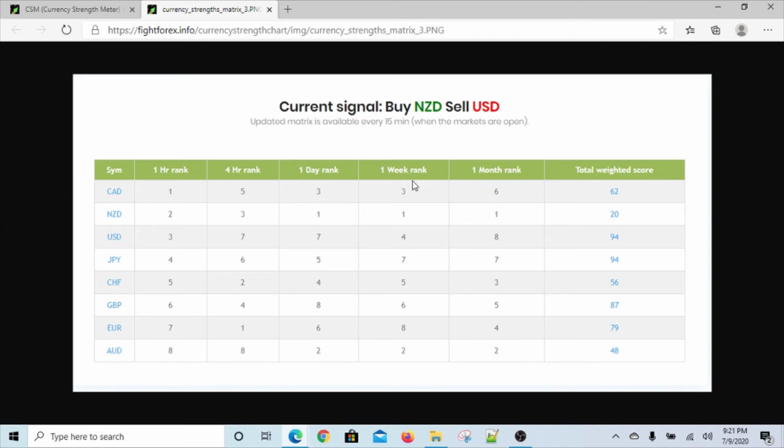It's just a matrix of the ranks of individual currencies based on their strengths, right? It's a derived indicator or meter from the currency strengths meter, which is explained in another video that you can refer to on my channel. So that's about it. That's the currency strengths matrix.